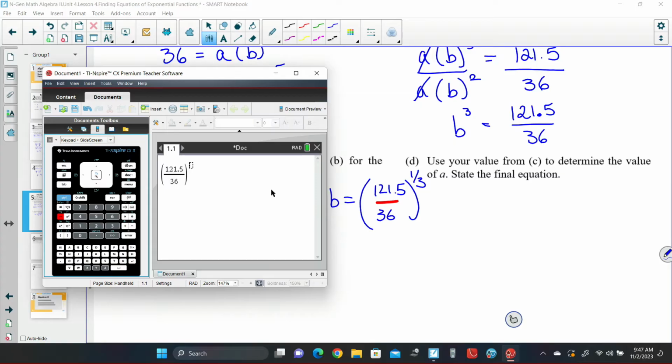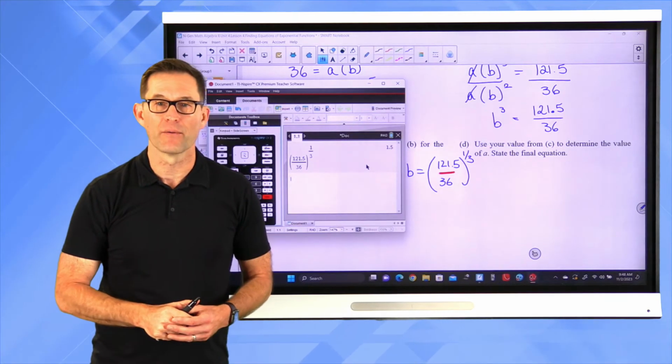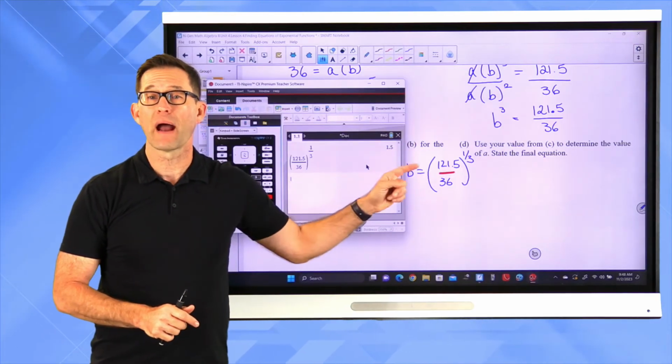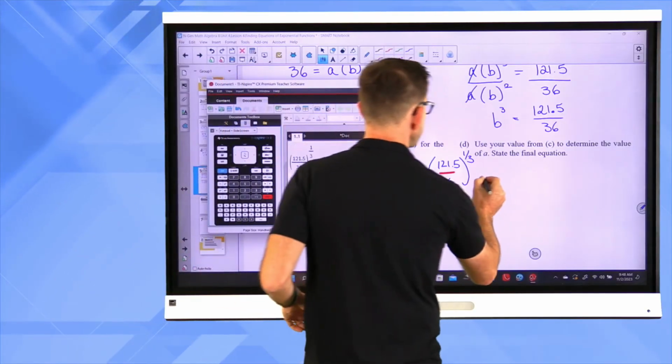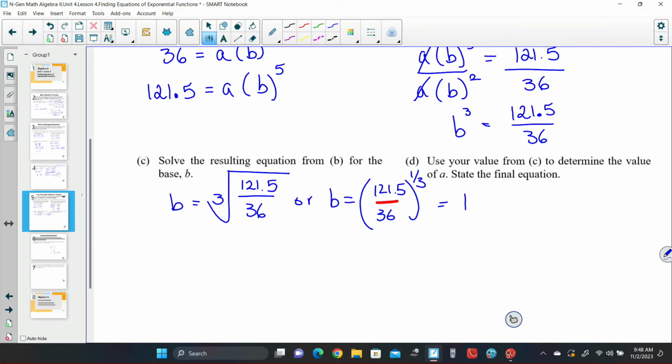And I'm going to raise all of that to the 1/3 power. And again, perfectly okay to simply use the cubed root if you like that better. So when I find the 1/3 power of this ratio, it ends up giving me a b value that's very nice. I made it nice in this problem. And sorry, let me just do this. b is equal to 1.5.